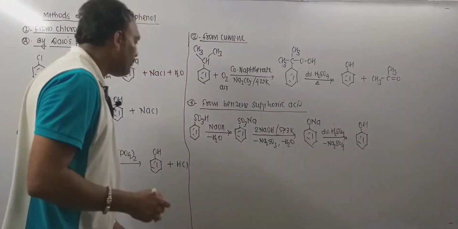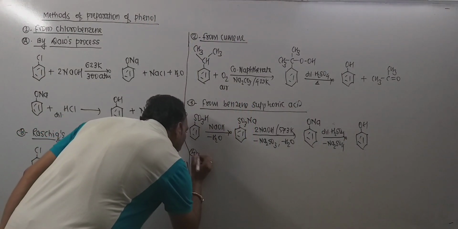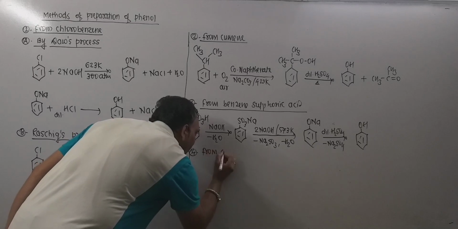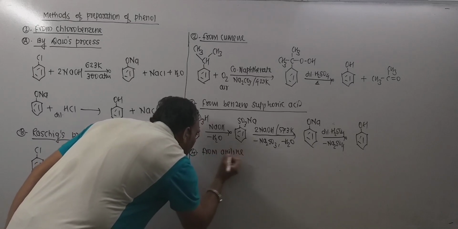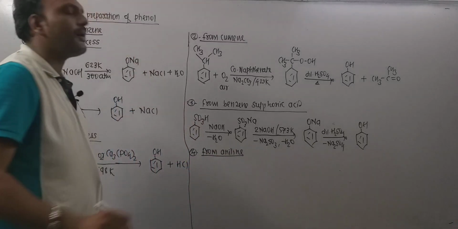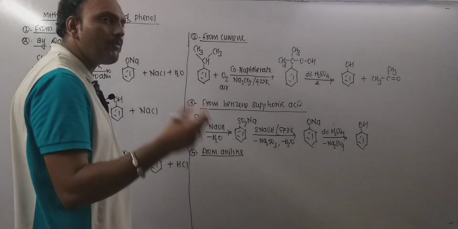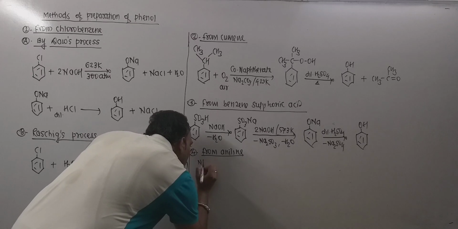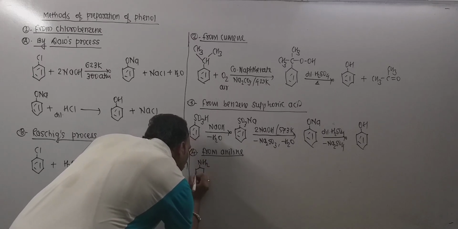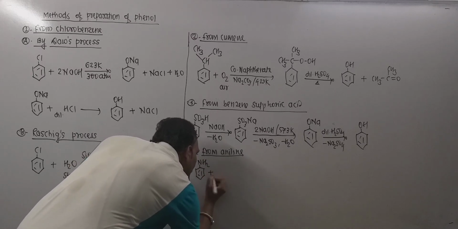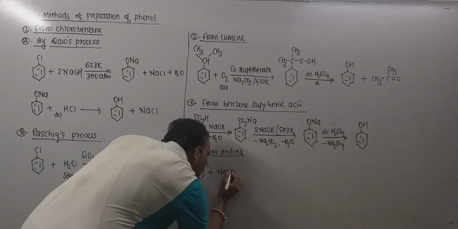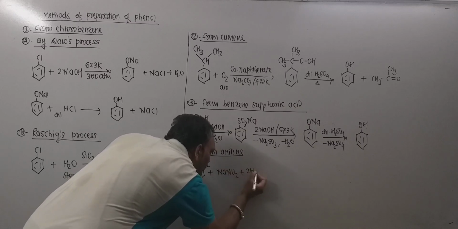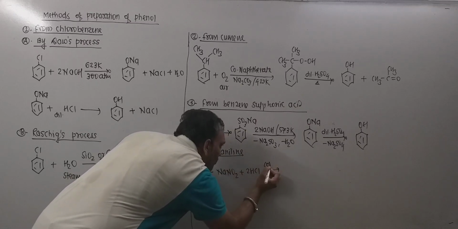Now the fourth and very important method is from aniline. One can prepare phenol from aniline. There involves diazotization in the very first step. Aniline, which is an aromatic primary amine, is treated with a mixture of NaNO2 and HCl in cold.